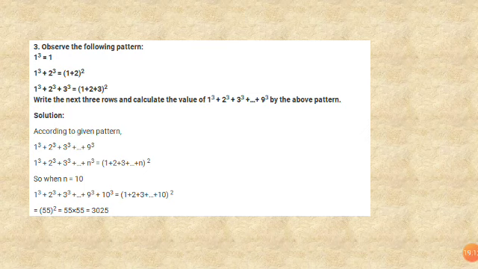So 1 cube plus 2 cube plus up to 10 cube equals 1 plus 2 plus 3 up to 10, the whole square. So 55 square, that is n into n plus 1 by 2 the whole square. 55 into 55, we get the value 3025.